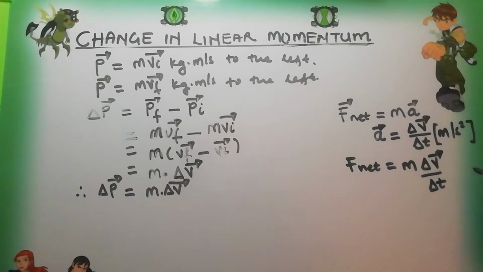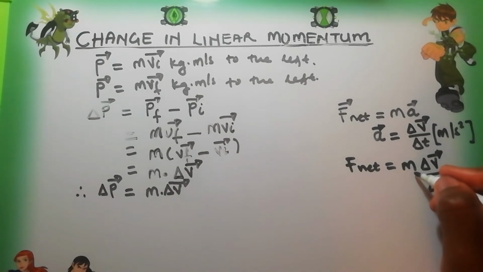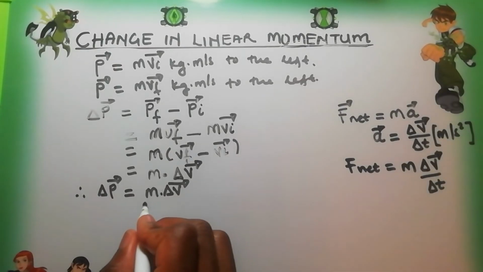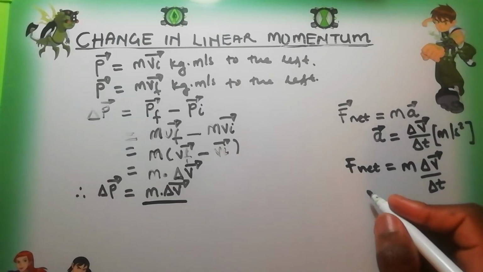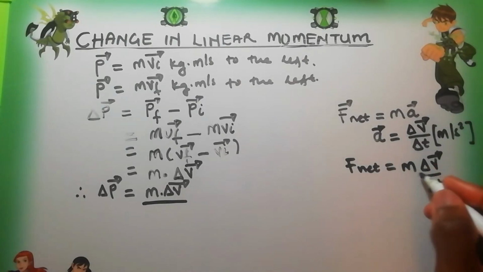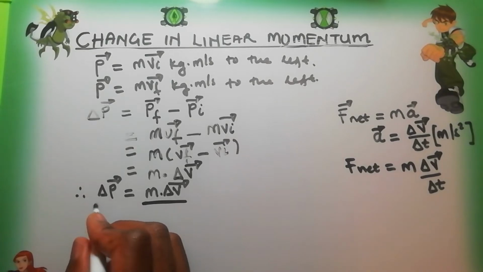Now you can see that mass multiplied by change in velocity drives us back to change in momentum. So we can substitute this with a change in P.